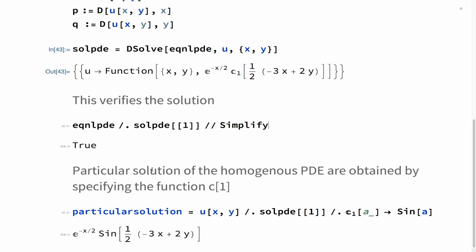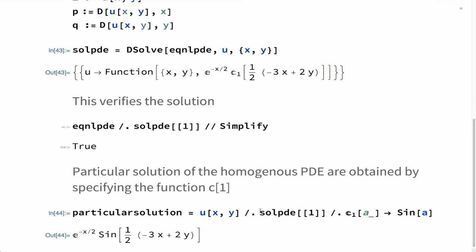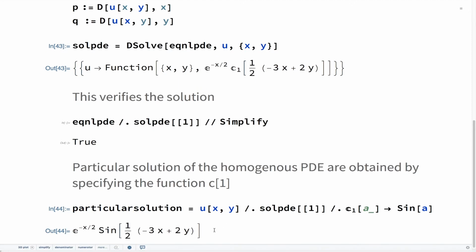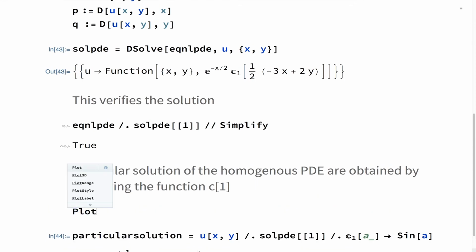And then we can find a particular solution for this homogeneous partial differential equation by specifying some value of the constant. So in this way, I say make it a function of sine of a, and we can get a particular solution for this. So once you have a particular solution, you may also be interested to have a plot.